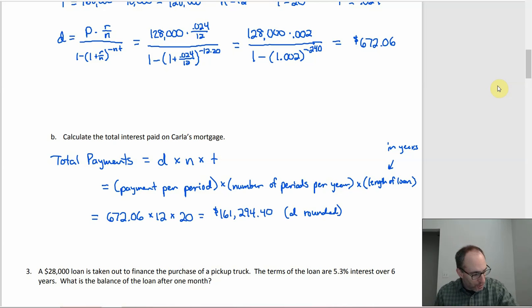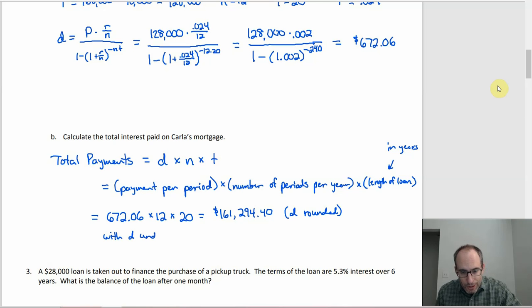It keeps going. Let's see, with D unrounded, so if you just have whatever you get for D in your calculator and you say previous answer times 12 times 20, which is actually the way that I did it.